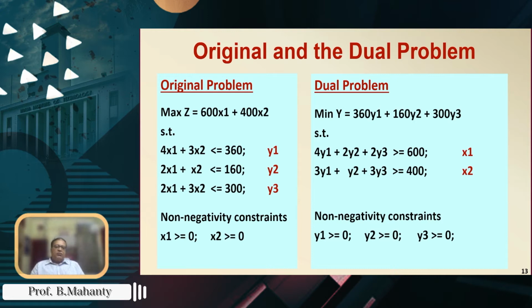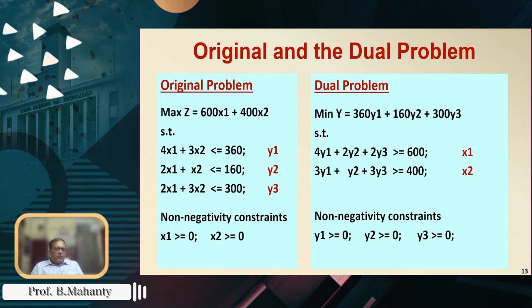Now let us see how the constraints are to be written. These are the coefficients of x1. If you multiply by the corresponding dual variables, 4y1 plus 2y2 plus 2y3 should be greater than or equal to the profit coefficient of the primal problem.